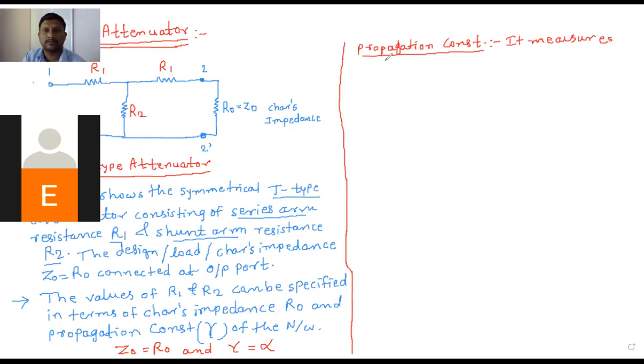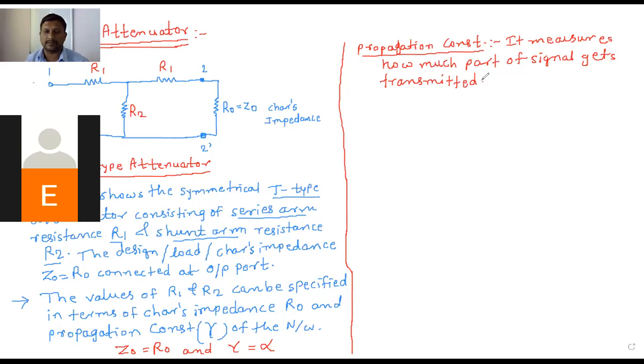It measures how much part of the signal gets transmitted. Okay, so it measures how much part of the signal gets transmitted. That factor is nothing but the propagation constant. So if there is no attenuation of the signal, it means 100% of the signal is passed. Right? So if 100% is passed, attenuation is 0%.